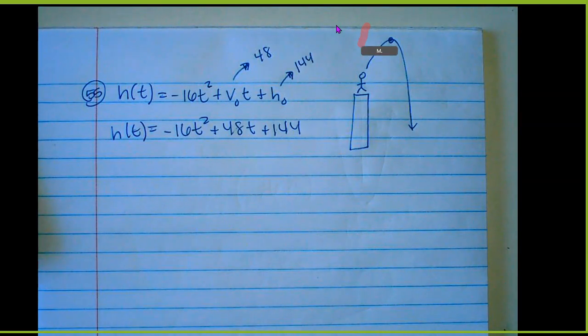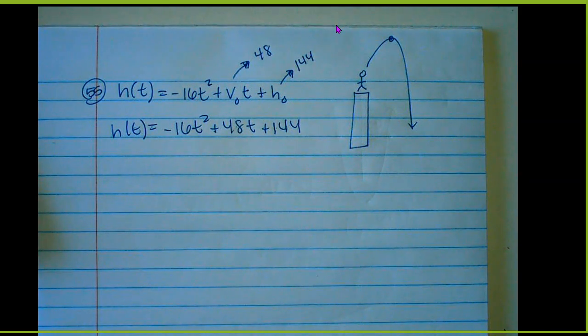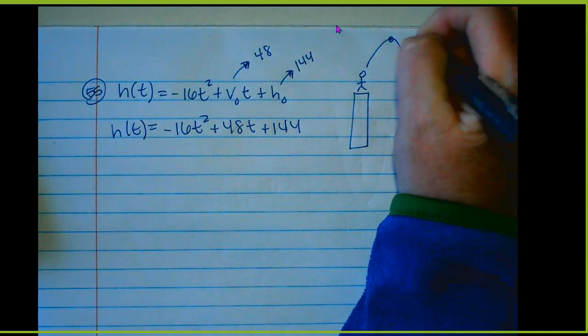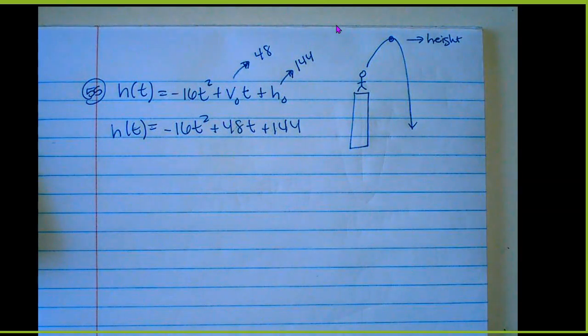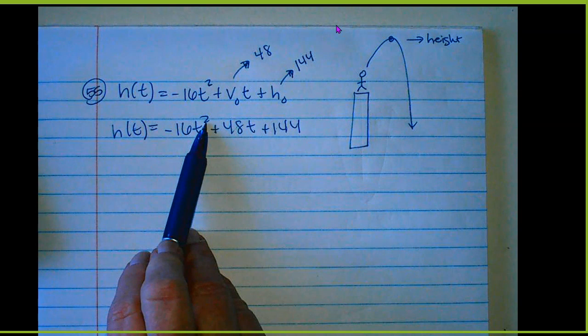Does that make sense? I mean, it's a building. It's not really, but you know what I mean. So we need to know the height. Does this look like a parabola? Yes? And this looks like a parabola, right? With a square? So the same rules apply.